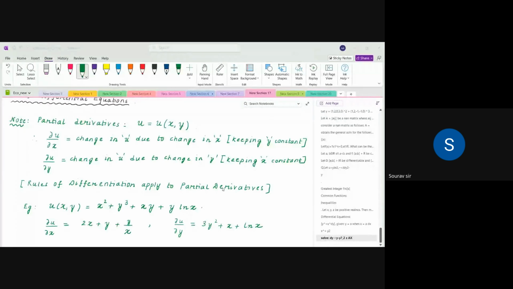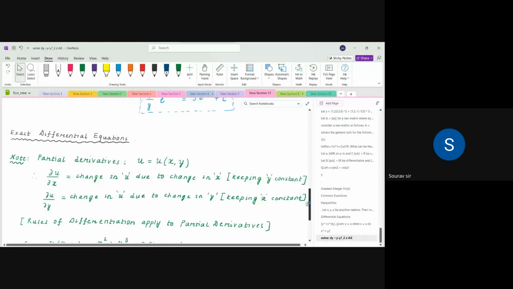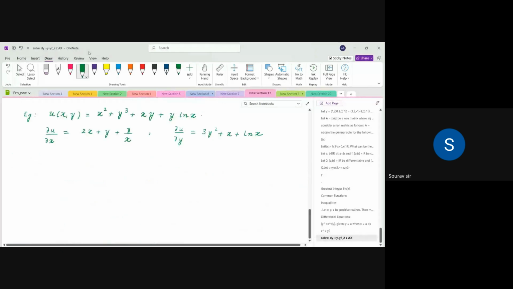Okay, perfect. So now let me come back to the idea that I was trying to explain, the exact differential equations. All right. So let me just write down two statements for you all to note them and then we'll start.